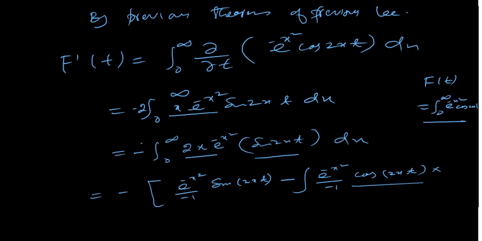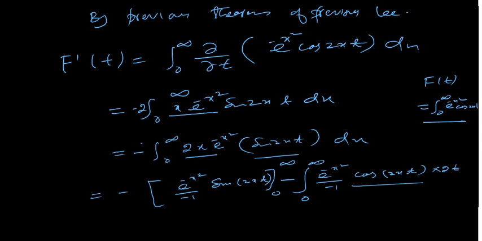So you have to differentiate this function with respect to x. The derivative of sine of 2xt with respect to x means you write here 2t. Okay, this is 0 to infinity, and here the limits are 0 to infinity.